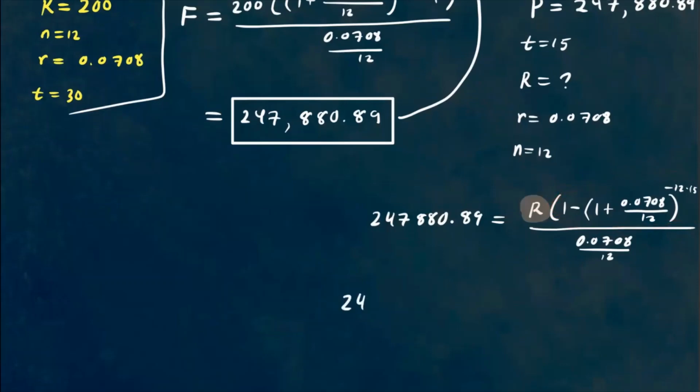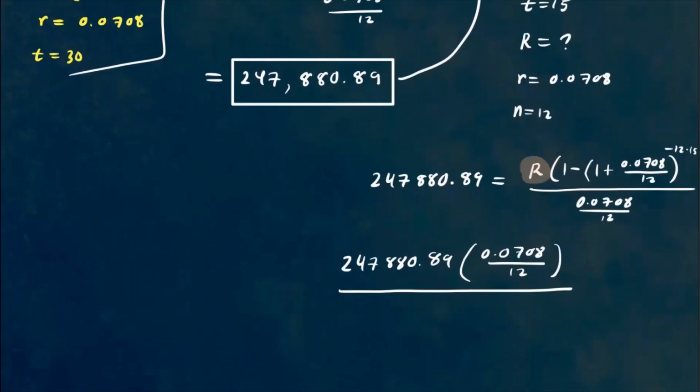So you'll have 247,880.89 times 0.0708 divided by 12, and then divide that by this right here, since R is multiplying that. So we will have 1 minus 1 plus 0.0708 divided by 12 to the power of negative 180.